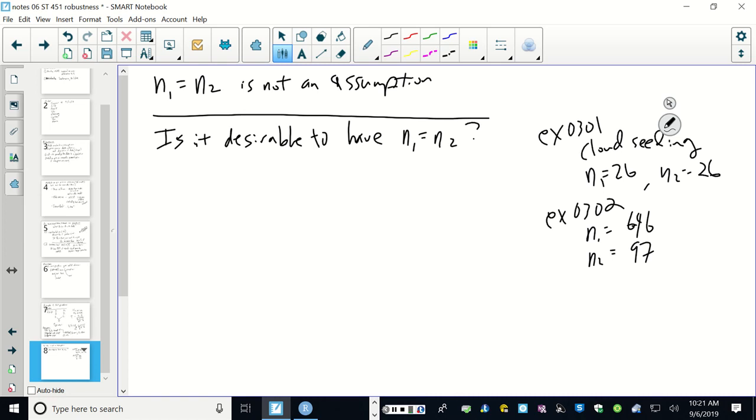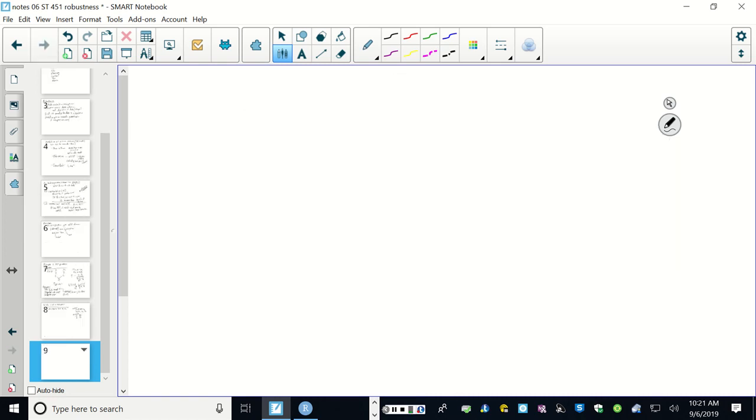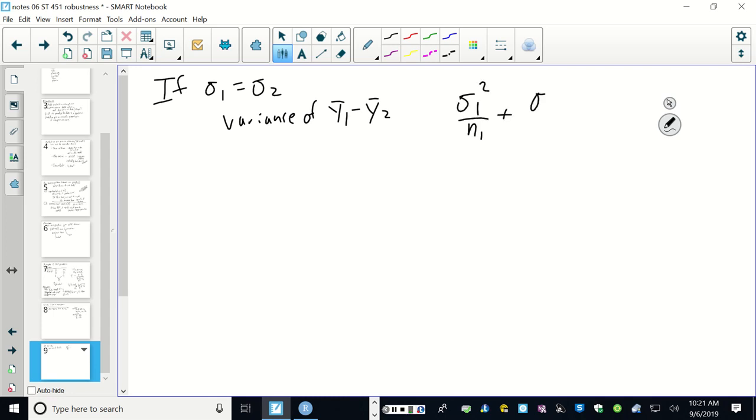So let's do just a little bit of math. If sigma 1 equals sigma 2, so the variances are equal, the variance of y bar 1 minus y bar 2, our statistic, is going to be sigma 1 squared over n1 plus sigma 2 squared over n2.